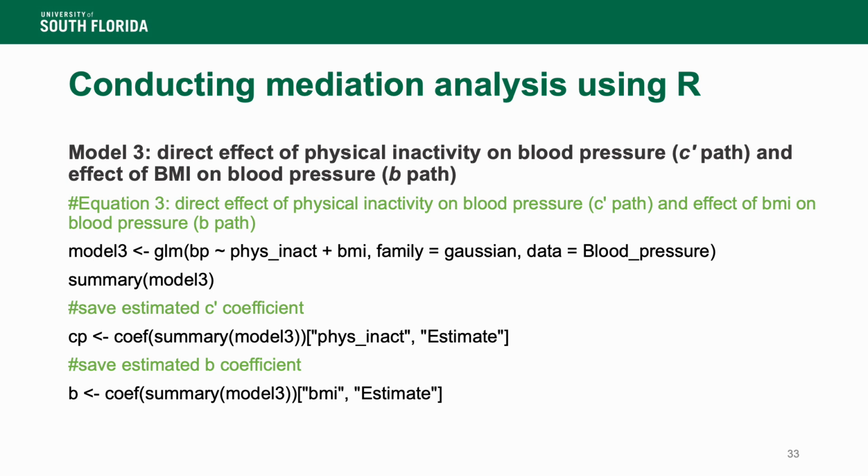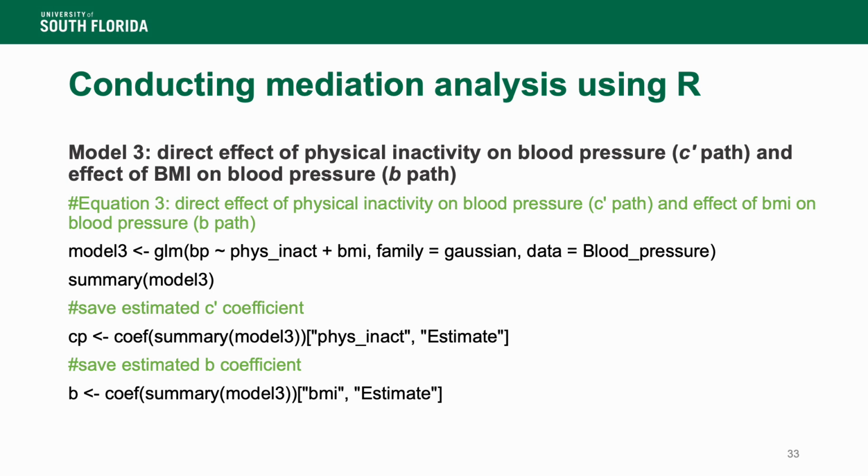Blood pressure, BP in the dataset, is our dependent variable. This time we have two independent variables, as both physical inactivity and BMI are our independent variables of interest. So after the tilde, we specify phys_inact plus BMI.